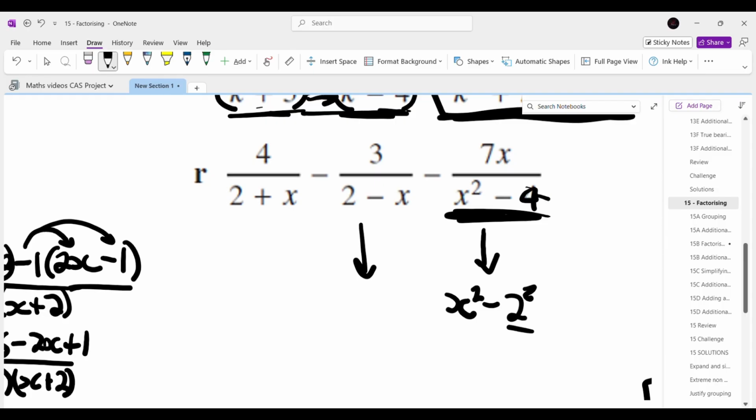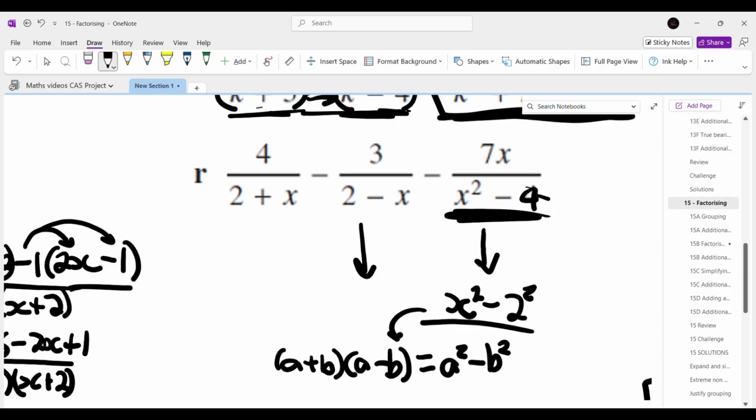And what this reminds me of is the difference of two squares formula, where you have a plus b times a minus b equals a squared minus b squared. And so our a value in this circumstance would match to x, and our b value would match to 2.